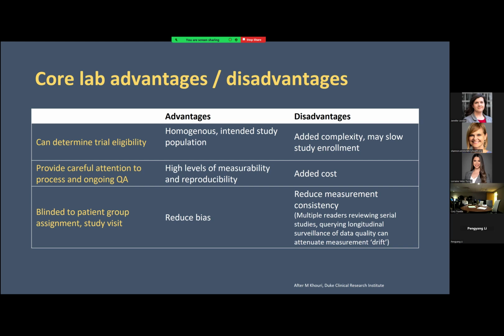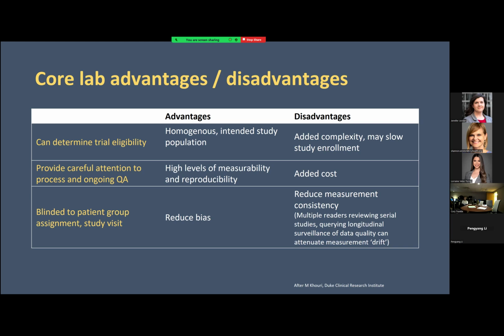And then finally, if you're doing something that requires blinding, either to a patient group or the study visit, a core lab can anonymize the images or relabel them so that when we analyze them, we are blind to the study group assignment or to whether it's the baseline scan of a patient versus the 3-month scan. That can reduce bias in the data, which is really nice.